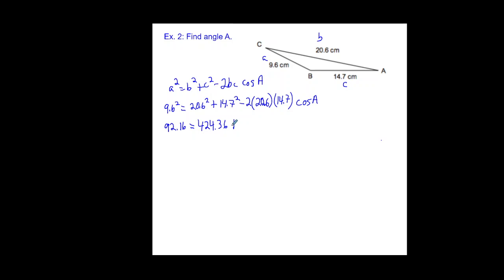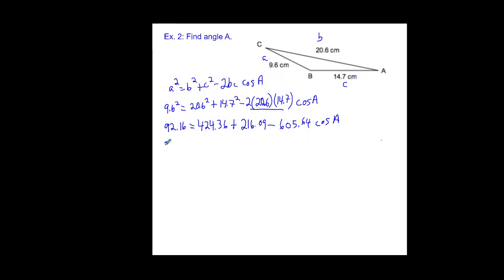And then we can square 14.7, which will give us 216.09. And then I'm just going to do this multiplication here, 2 times 20.6 times 14.7. That will give me 605.64. And again, we still have the cos A out here.